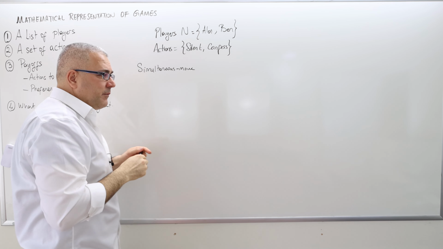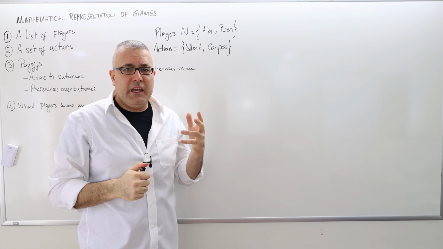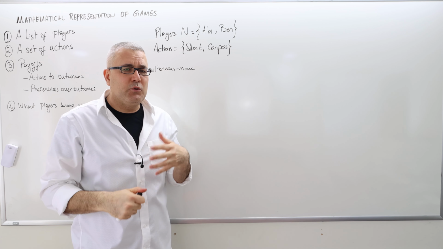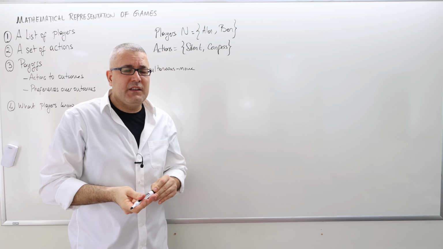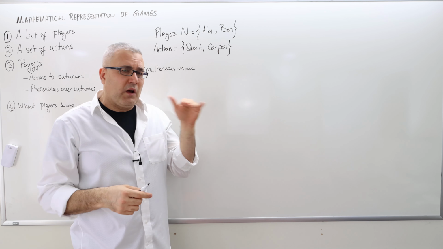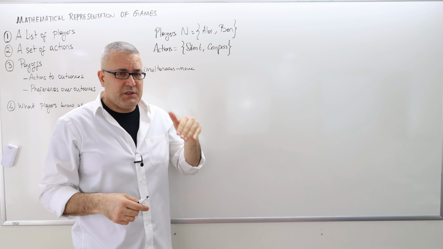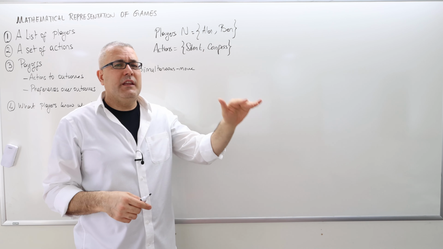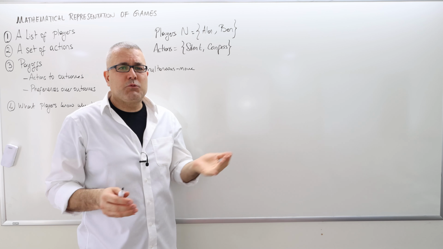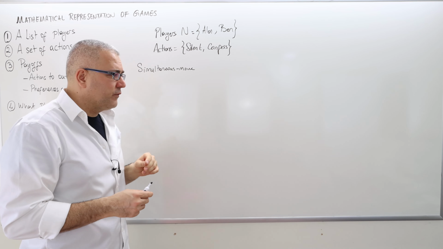Sometimes you can take that simultaneity literally, meaning that the players move at exactly the same time. But the general idea is the following. When one player makes a move, chooses an action, he or she does not know the action of the other players. All right? So that's what we mean by simultaneous move.